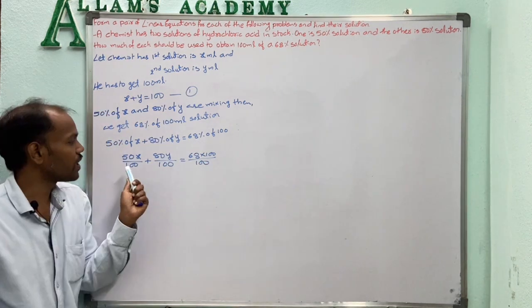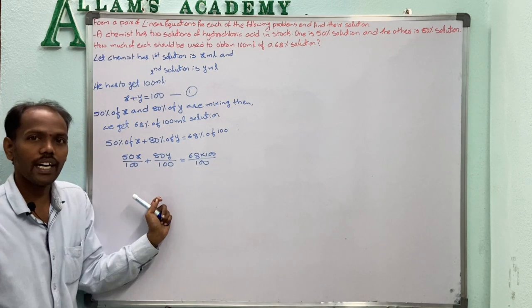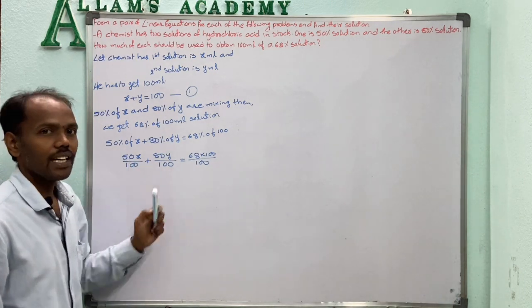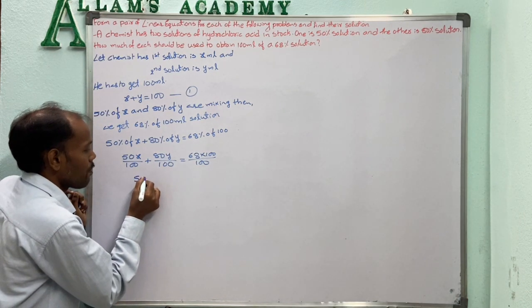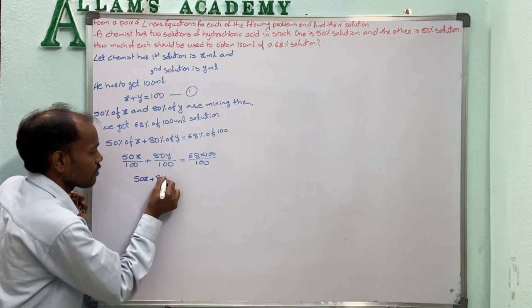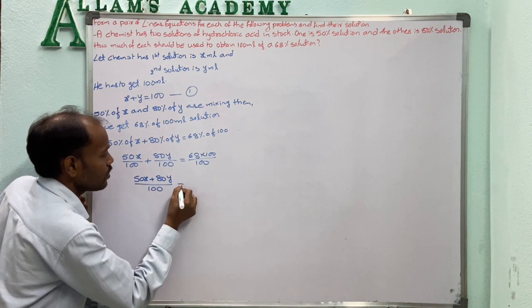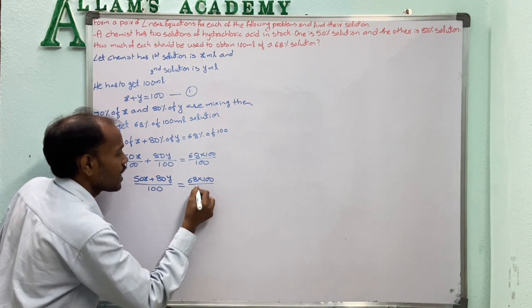Here if we observe the two fractions, they have the denominator 100, so they are like fractions. So if we add the numerators, 50x plus 80y by 100 equal to 68 into 100 by 100.